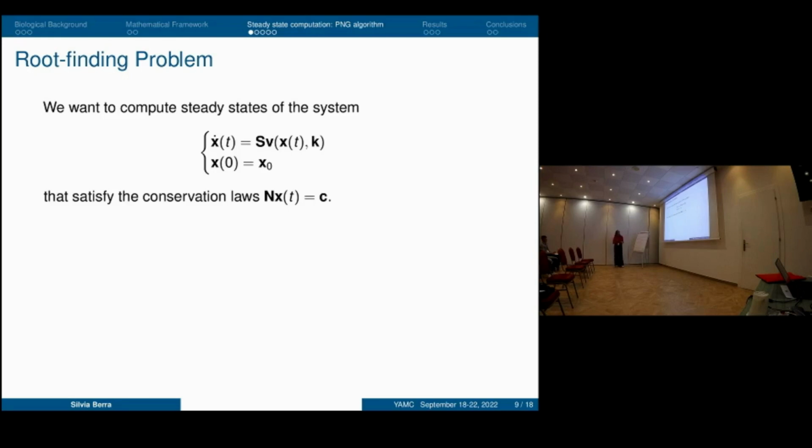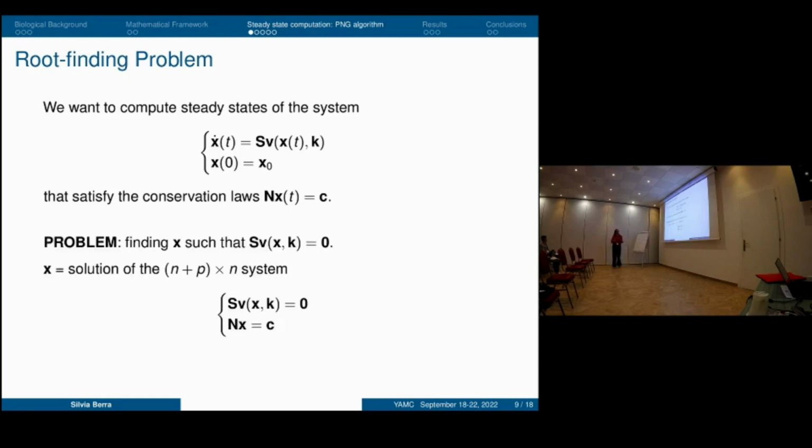So if we look at the problem like this, we can think, okay, since we want to find an equilibrium, probably we don't need to know what happens to these concentrations at all times, but we can get directly to the point and try to understand what happens at equilibrium. When we have an equilibrium, generally we have that the derivative of the function, very trivially, must be equal to 0.